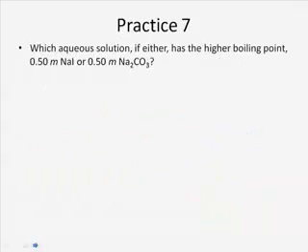All right, which aqueous solution, if either, would have the higher boiling point: 0.5 molal sodium iodide or 0.5 molal sodium carbonate? Delta T boiling is going to equal i times m times Kb. Well, for both solutions, the molality and the constant would be the same.